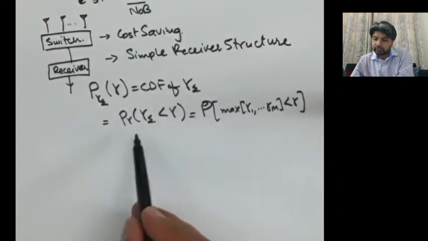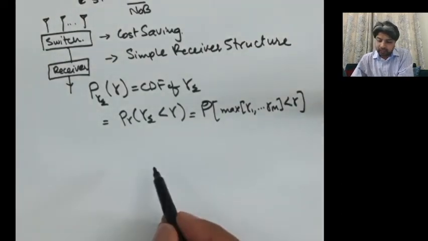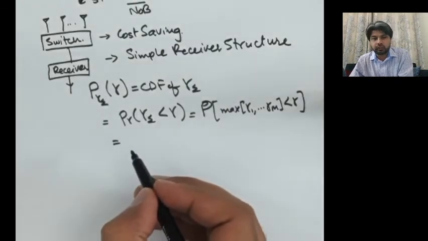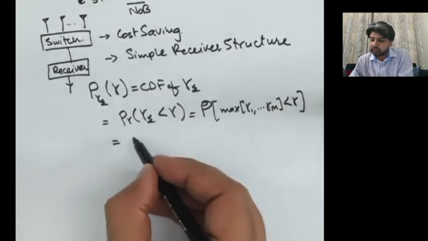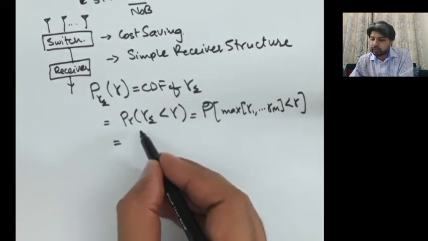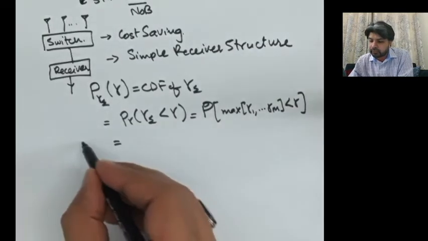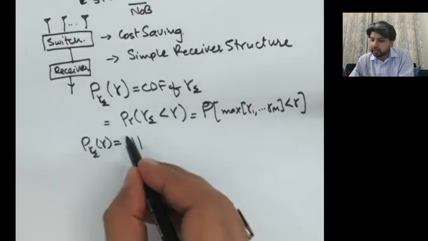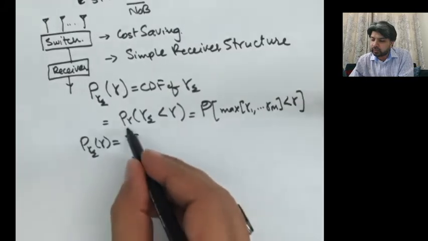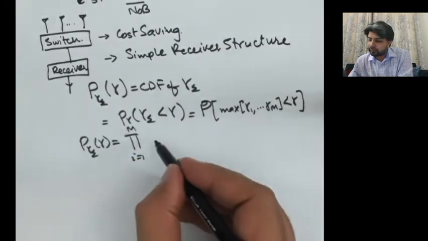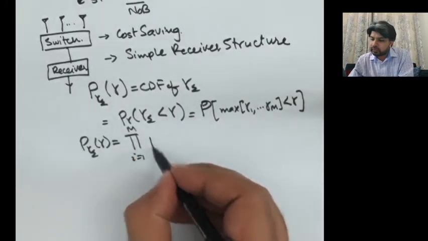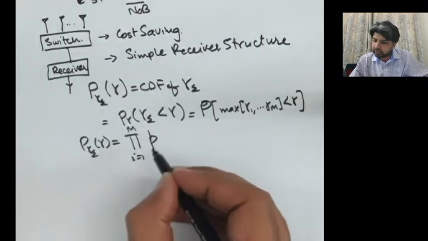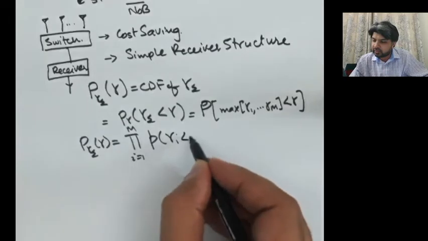That is of course implied by this equation, and if all of these branches are undergoing independent fading, then this P gamma sigma of gamma can be written as the product, i equals 1 to capital N, of P gamma i, the probability that gamma i is less than gamma.